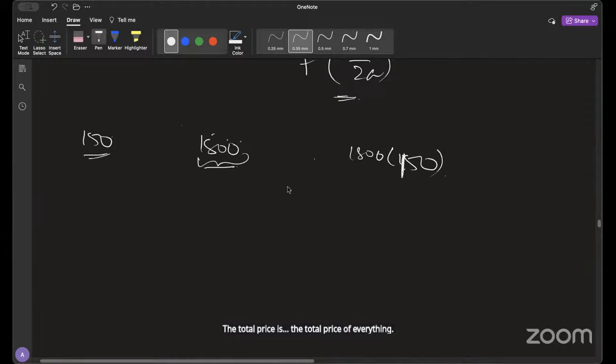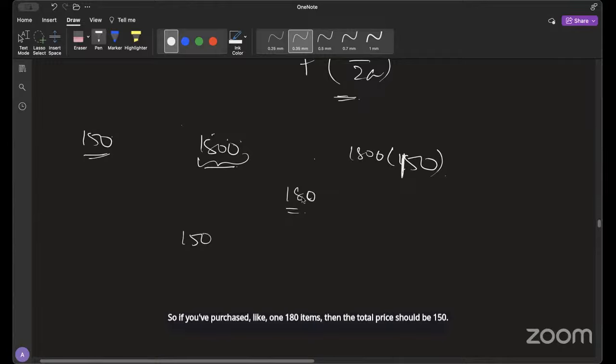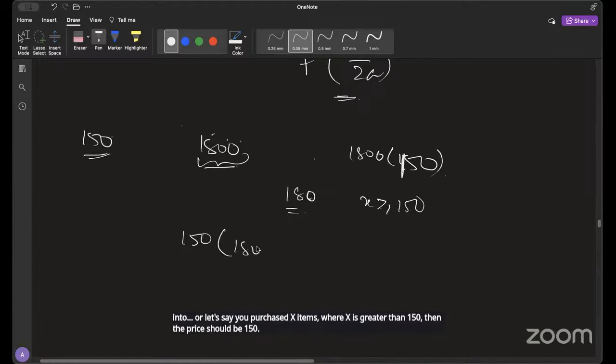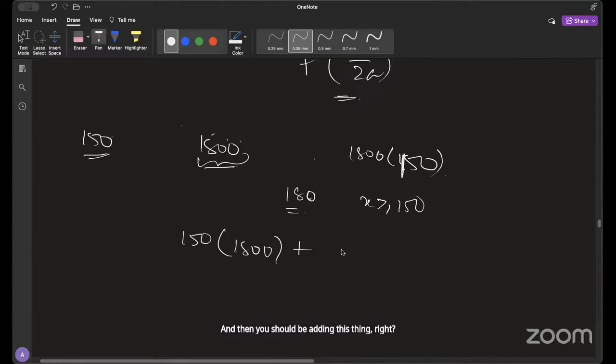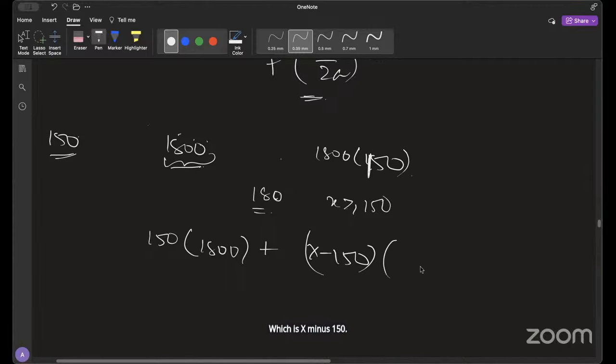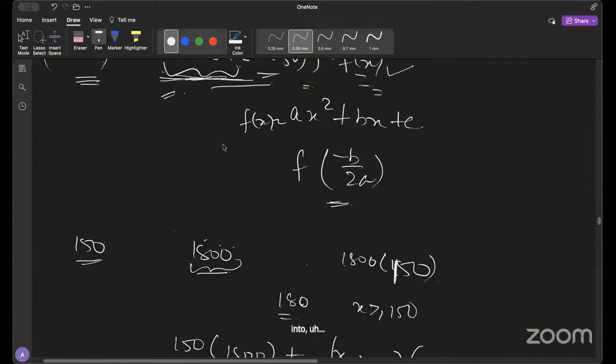If you've purchased, say, 180 items, or let's say X items where X is greater than 150, then the price should be 150 into 1800, and then you should be adding this thing, which is X minus 150 into, what was our equation?